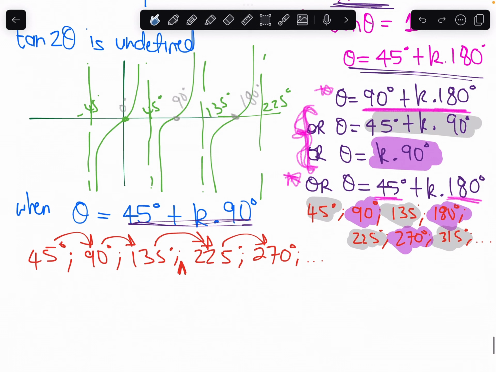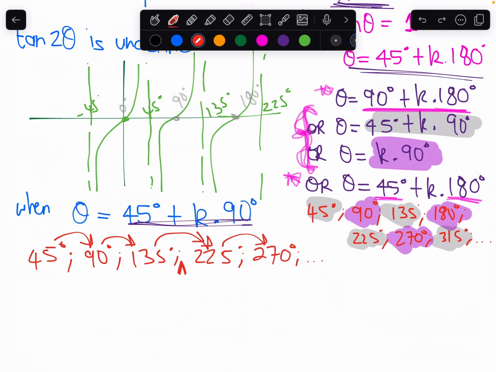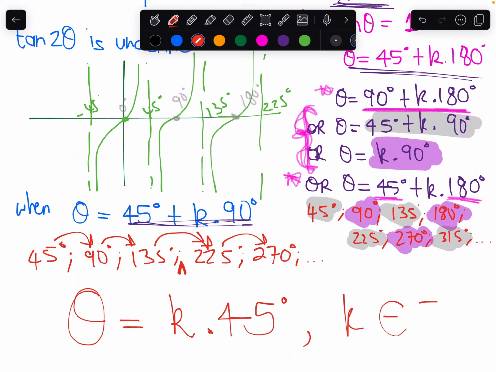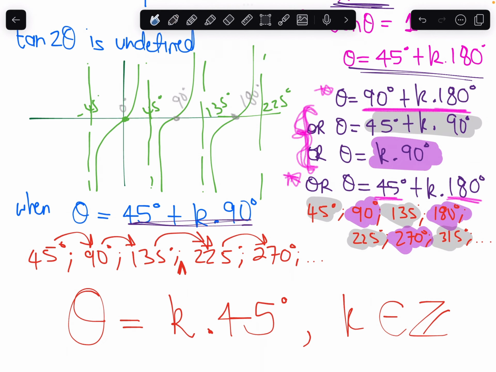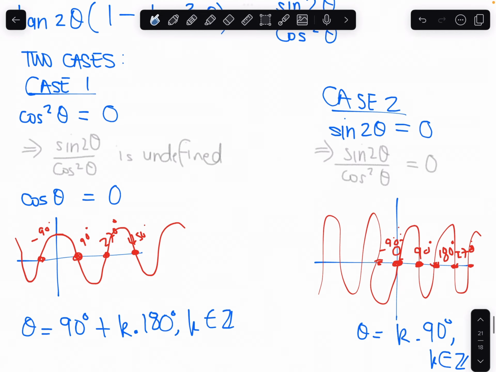So we can summarize all those 4 solutions in one solution that says theta is simply any multiple of 45 degrees. For any multiple of 45, the identity will not be defined.